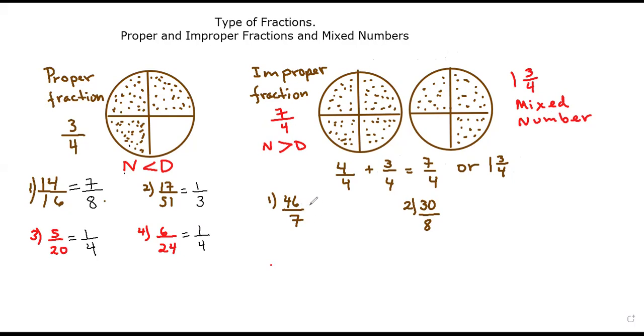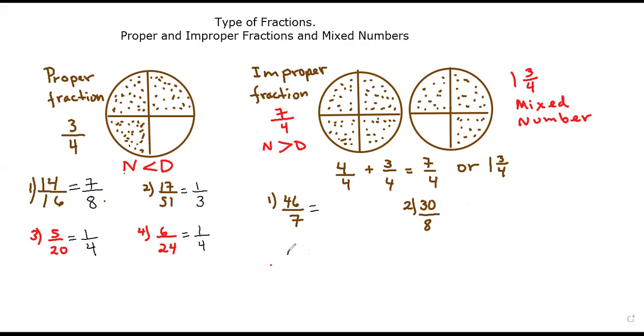These two examples here are improper fractions. Why? Because 46 is greater than 7. See, the numerator is greater than the denominator. And 30 is greater than 8. If we want to change this to a mixed number, we can divide.